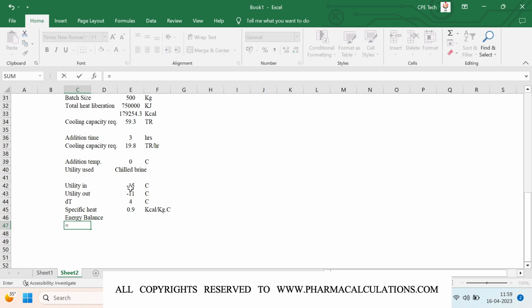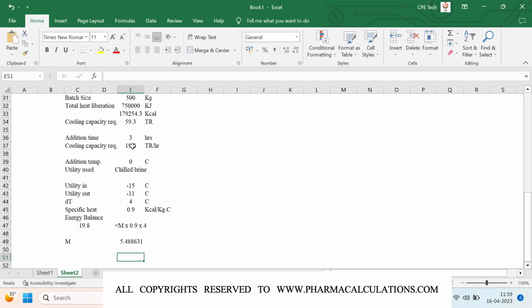So the demand is 19.8 TR per hour, and the supply is going to be M, and the Cp is 0.9, and the delta T is 4 degrees. So the mass flow rate is going to be M for the utility. So M equals this divided by 0.9 multiplied with 4. This you are going to get.